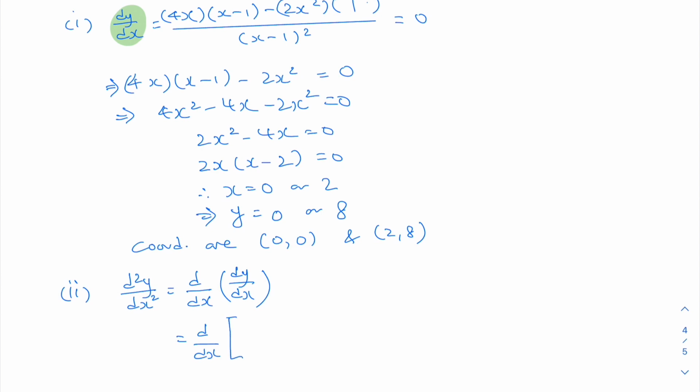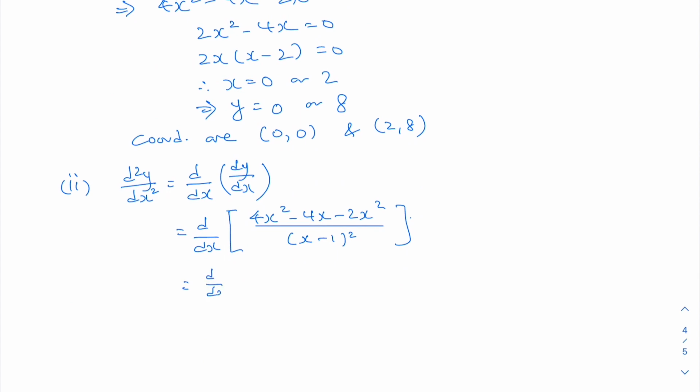So let's write it out. You have 4x squared minus 4x minus 2x squared minus 6x squared... no. Then it's divided by x minus 1 squared. Simplified, it is (2x squared minus 4x) over (x minus 1) squared.